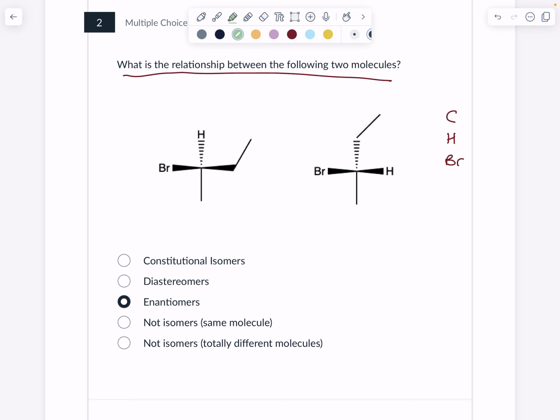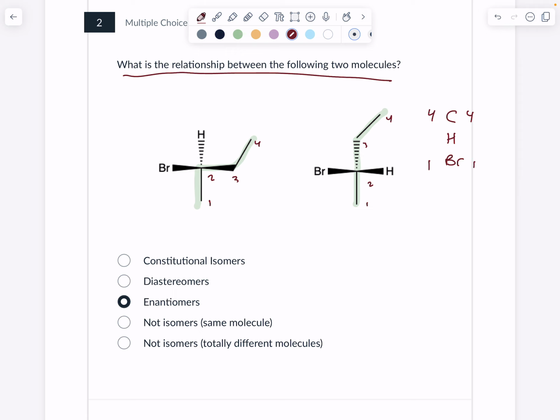I'll highlight the parent chain first, here, and here. For both of these, I see 1, 2, 3, 4 carbons. 1, 2, 3, 4 carbons. So for each of these, we have 4 carbons. They're both butane. We have 1 bromine on each one.